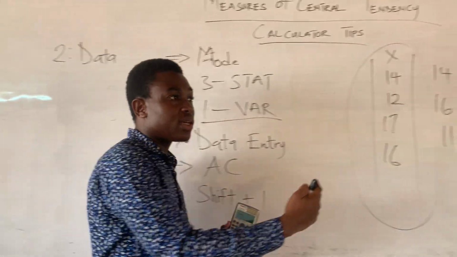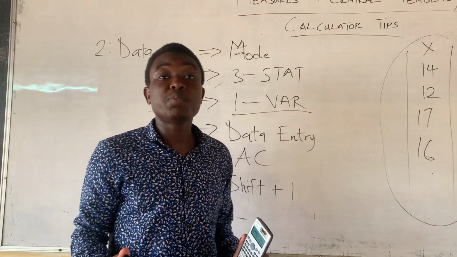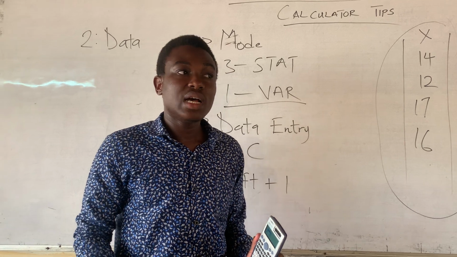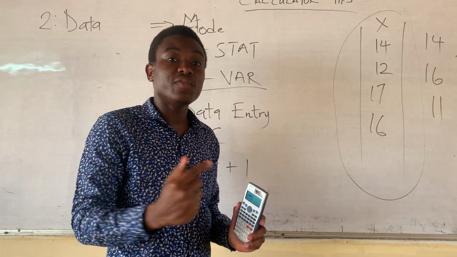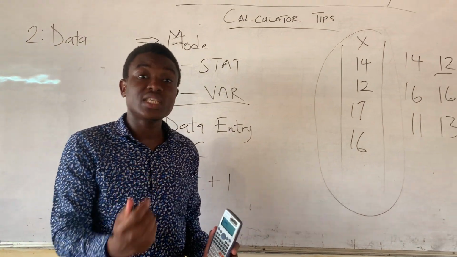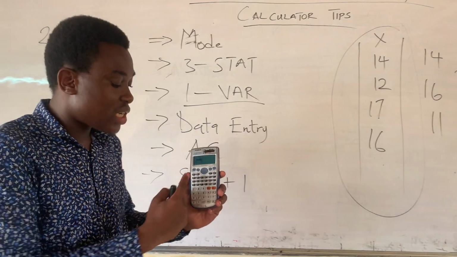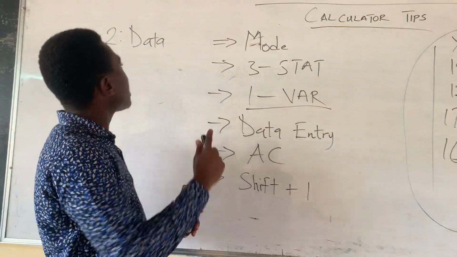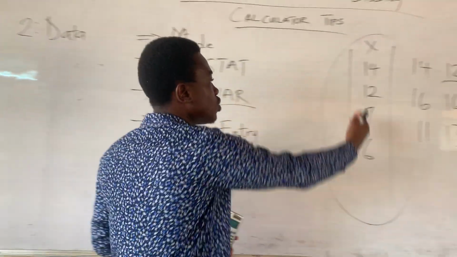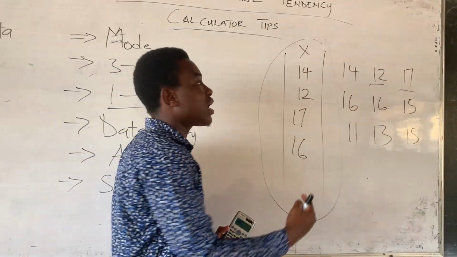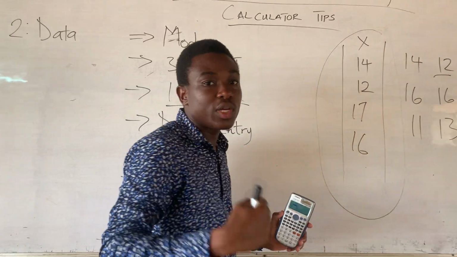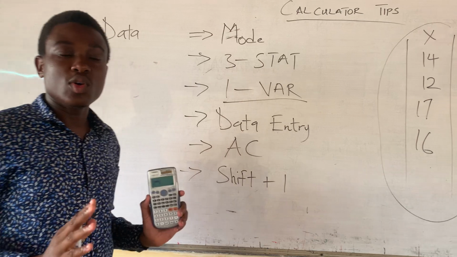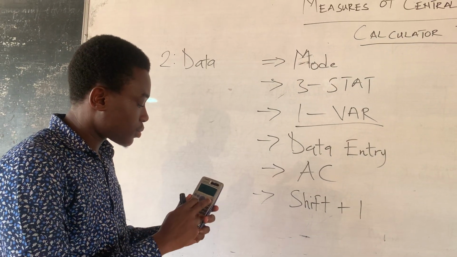So if there is the need for you to make any correction, let's say you are entering your data and you made a mistake with any of the values and you need to correct that mistake, you press Shift and then 1, you choose the second option, data, and then it takes you to the data. So over there you can make any changes you want to make. Right after that, just press your AC and it's saved on your calculator.